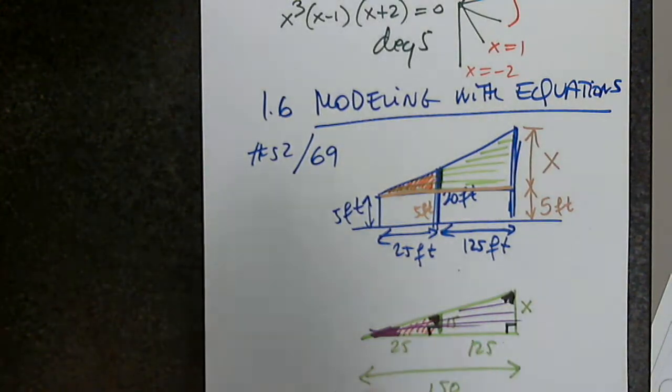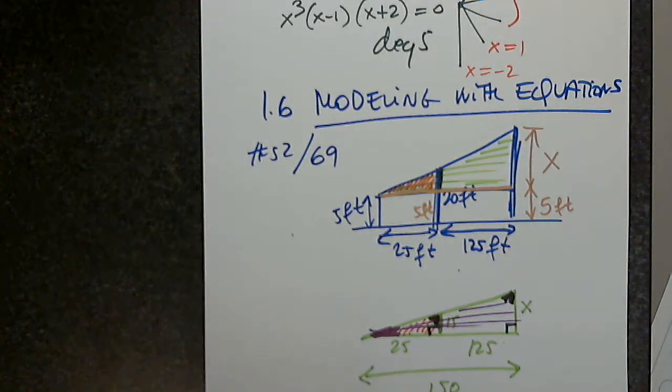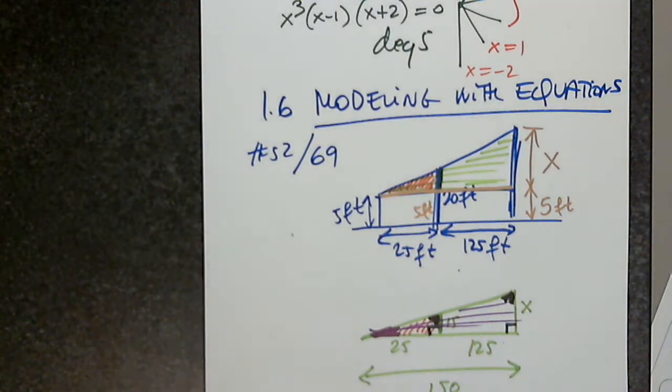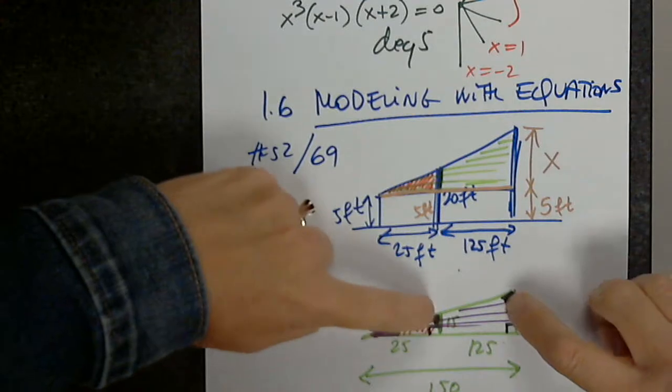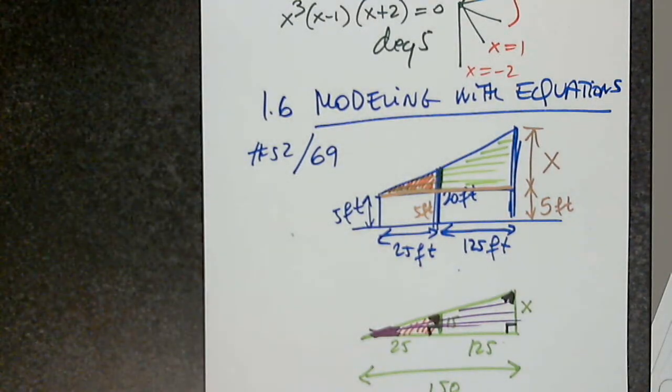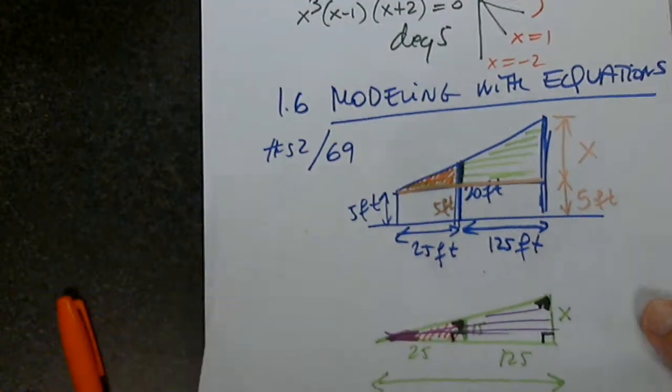So what do we know about two triangles that are not congruent, but they have equal pairs of angles? These two are the same, these two are the same, these two are the same. What do we say about those two triangles? How do we call the small triangle and the big triangle?